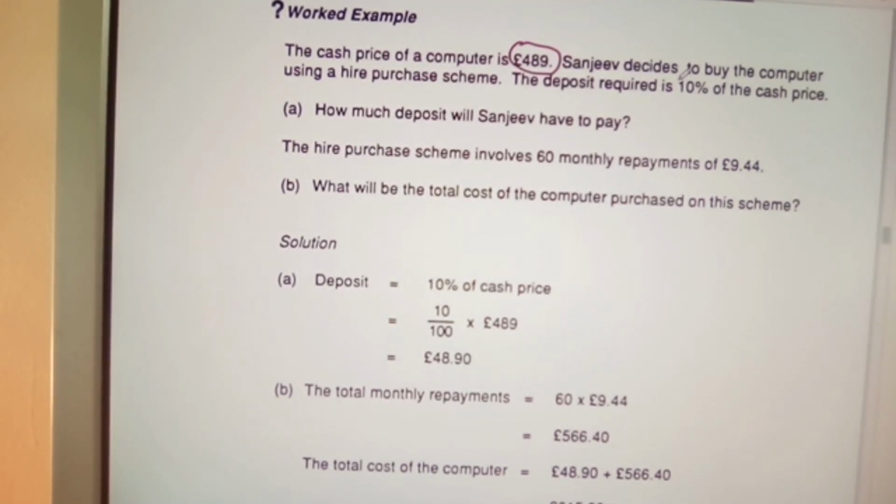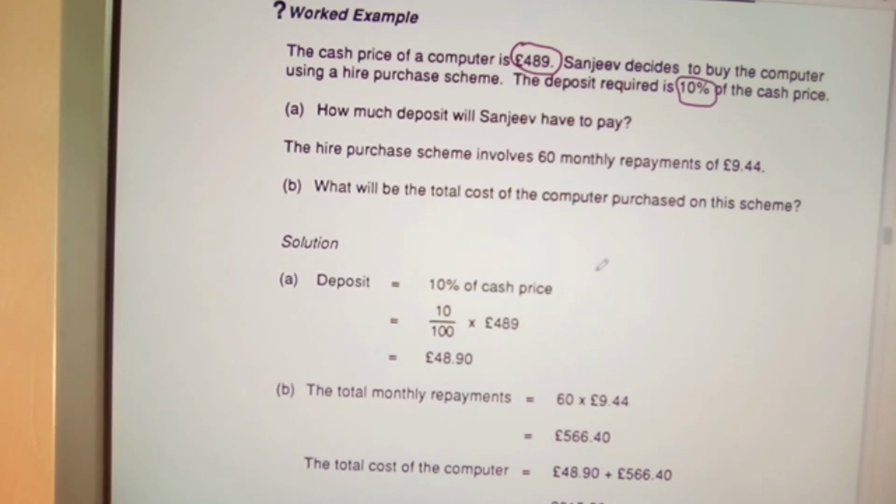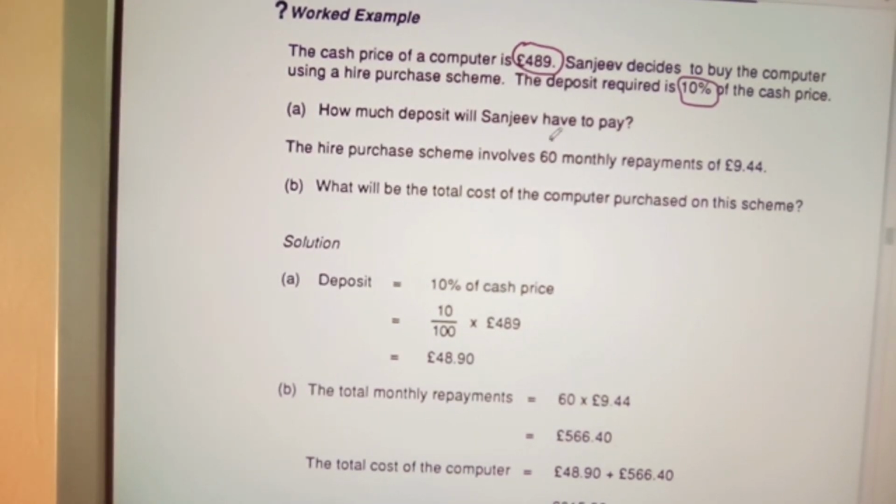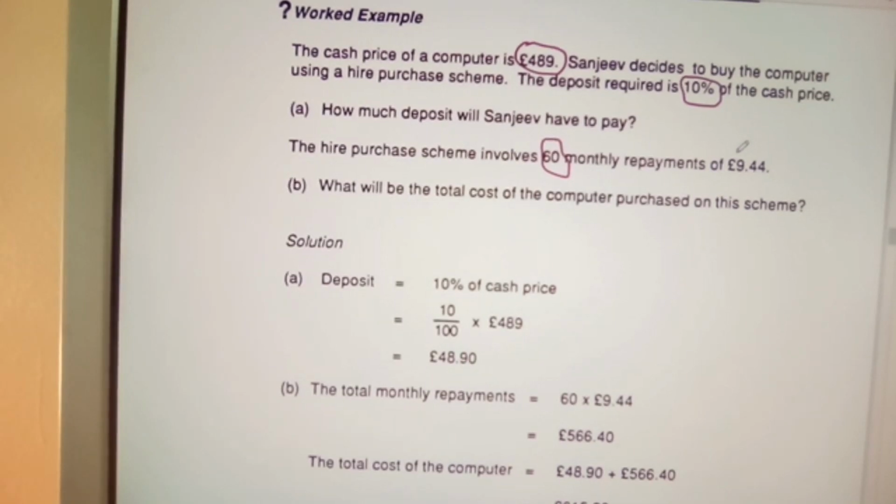We know that we have the required deposit of 10%, and we can take that from here also. We know it is 60 months. So again we extract our information.